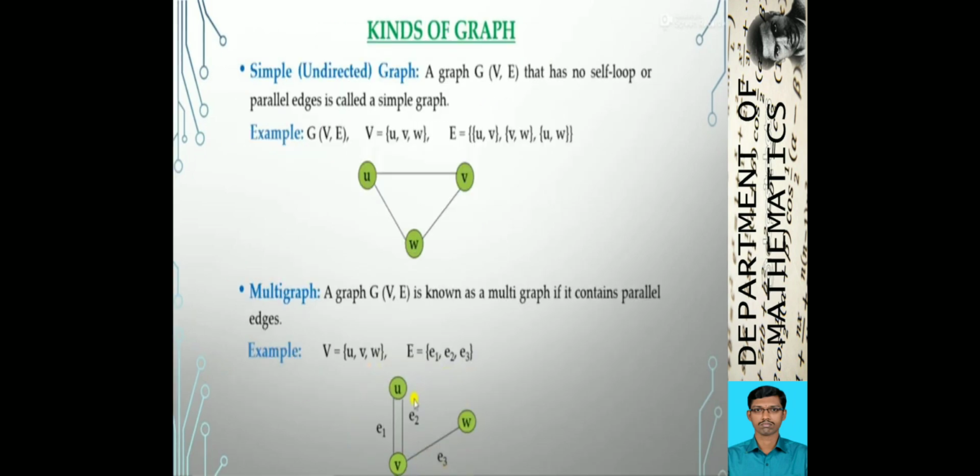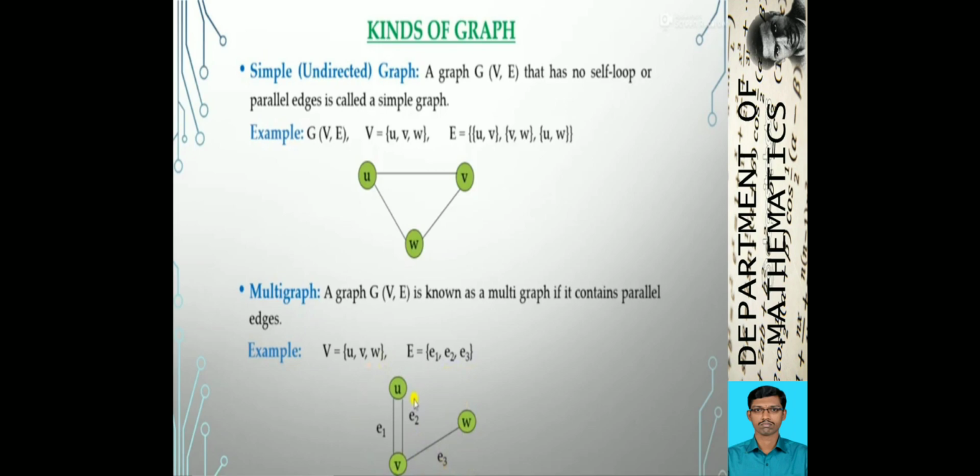Now, kinds of graph. The first one is the simple graph. A graph G that has no self loop or parallel edges is called a simple graph. Example: we have a graph G with vertices U, V, W and edges UV, VW, UW.